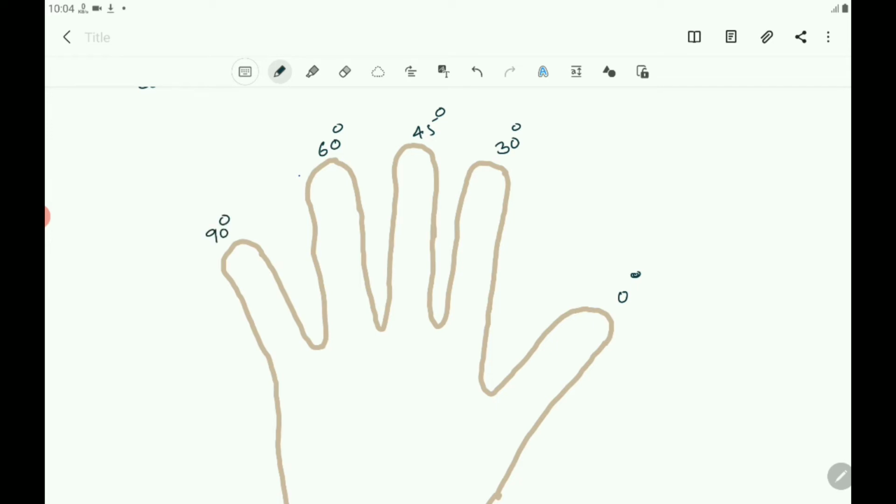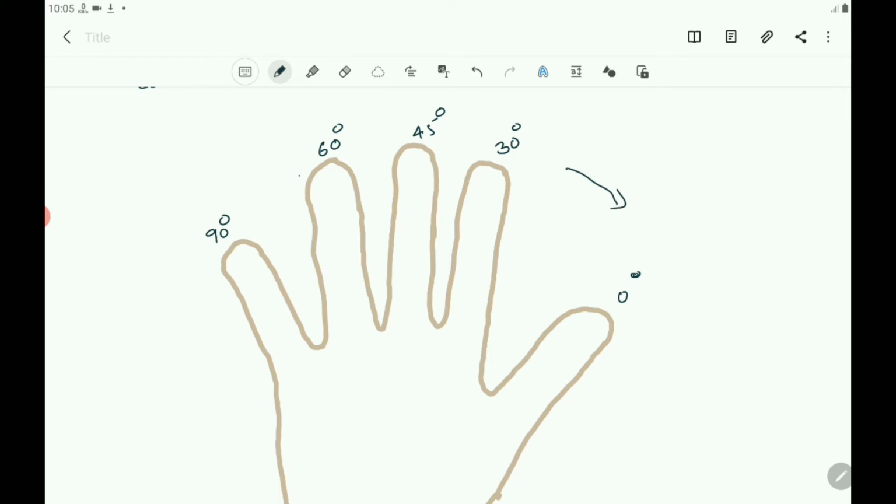Now for sine theta, to find sine 0 and sine 30, sine 45, sine 60, sine 90, we have to find the number of fingers before in this direction.